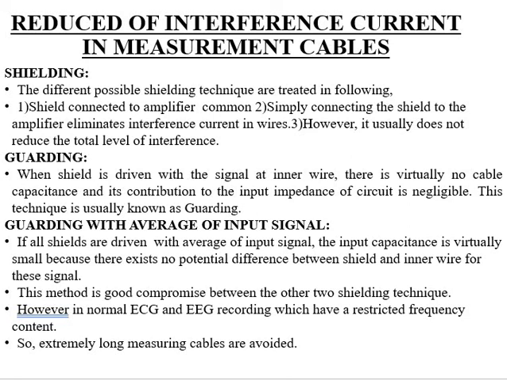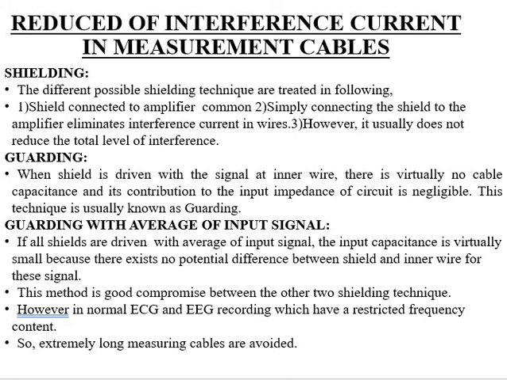Interference in the measurement cable can be reduced by two techniques: the first is shielding and the second is guarding. Shielding is enclosing the measurement cable with some common wire which is very flexible.